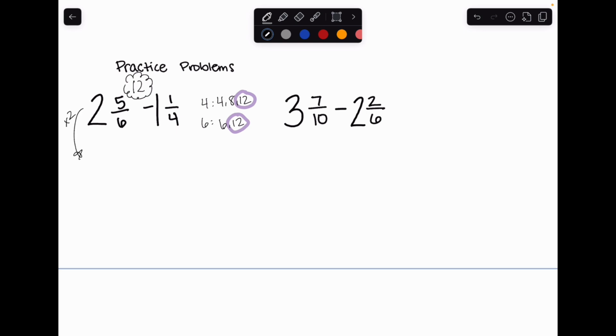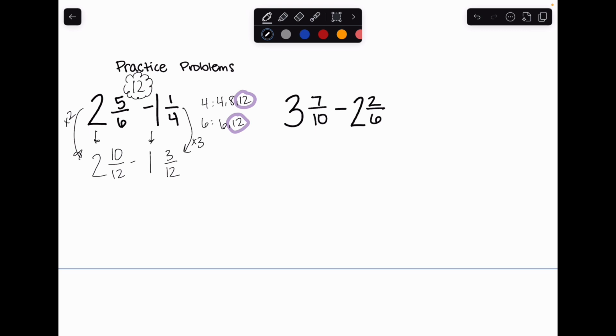6 times 2 and 4 times 3 equal 12. So 5 times 2 is 10, and 1 times 3 is 3, and I can just copy down those whole numbers.